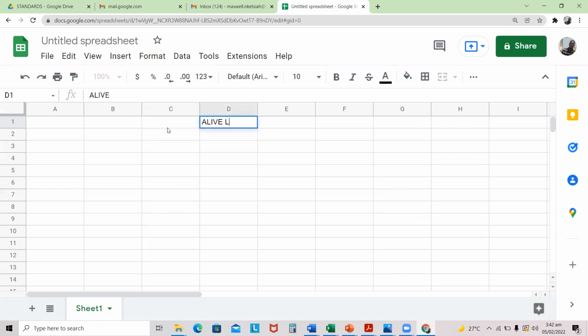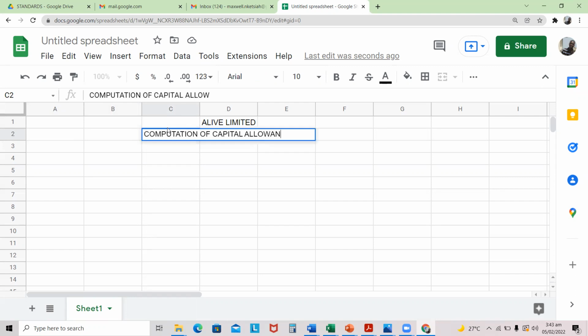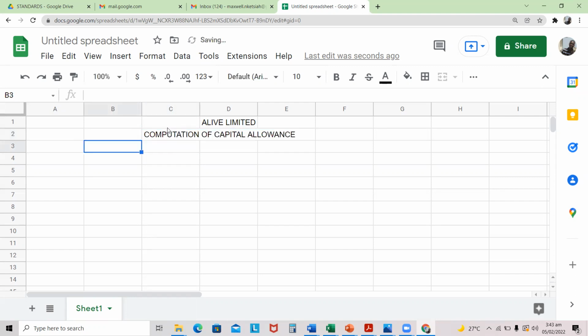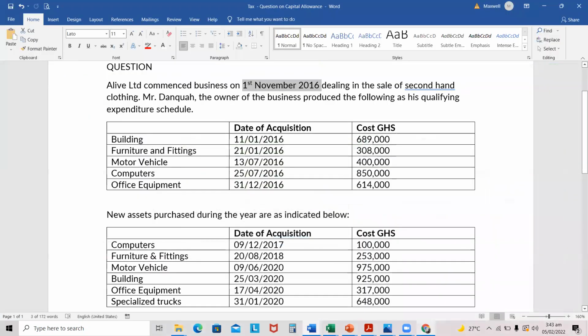So Alive, computation of capital allowance. First of all, we need to put these assets in their various classes.